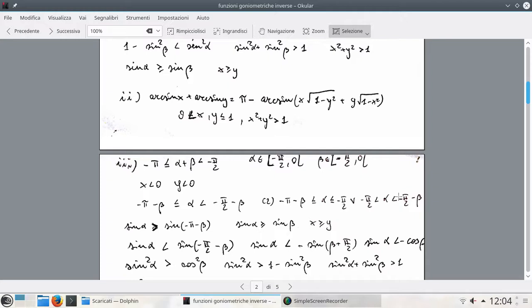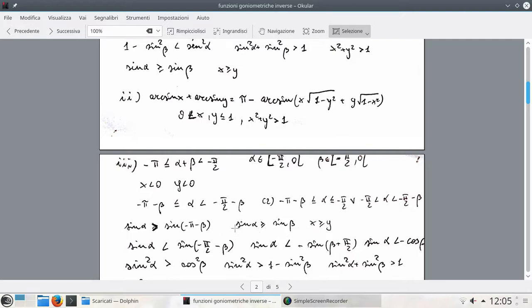Using the second part of the relation and taking into account the decreasing behavior of the sine in the considered interval, we have sine alpha greater than sine of minus pi minus beta.